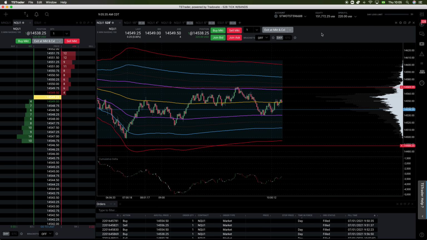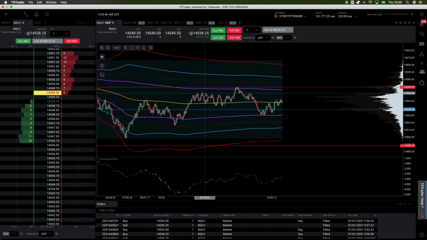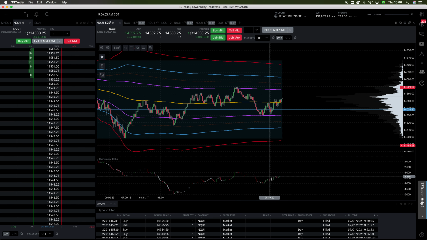New candle just opened actually, so it's trying to move back up to fill these wicks. I'm going to keep waiting, see if Delta can increase here.